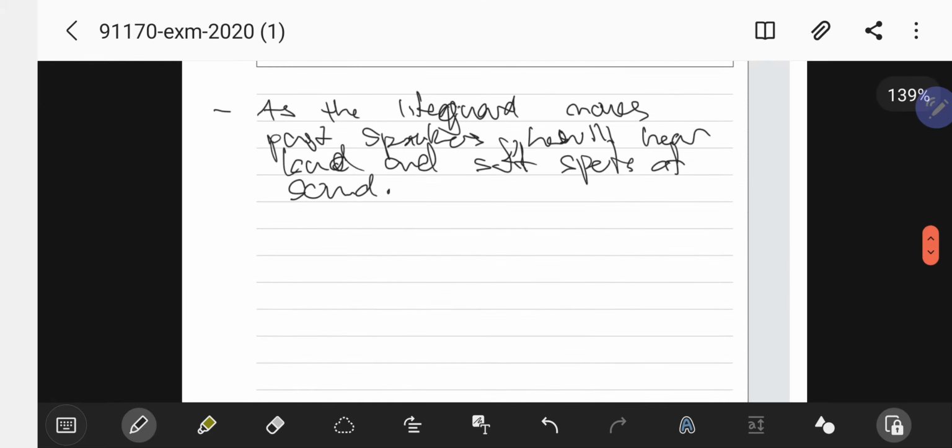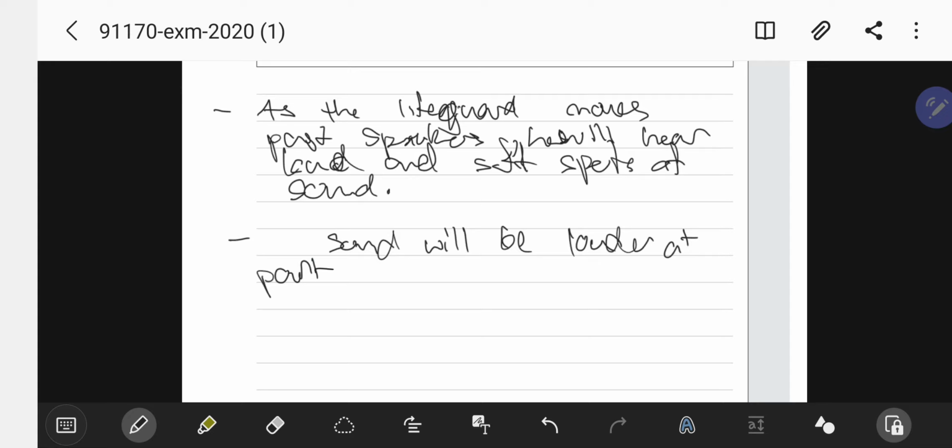Yeah, so it'll be loud. Sound will be louder at points where constructive interference occurs.